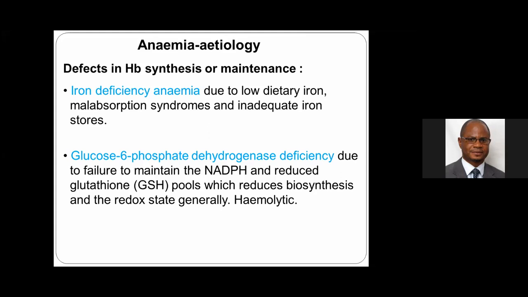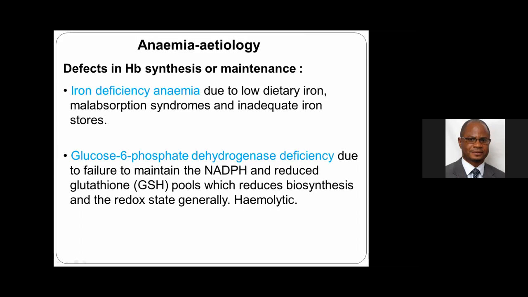And we have glucose-6-phosphate dehydrogenase deficiency. This is due to failure to maintain the NADPH and reduced glutathione pools. So it reduces biosynthesis and redox state generally, leading to fragile cells that can hemolyze.